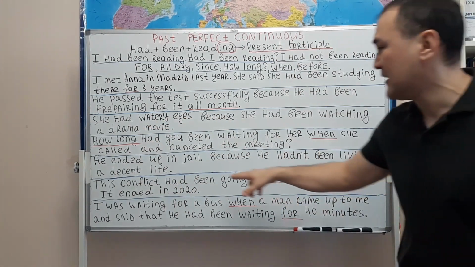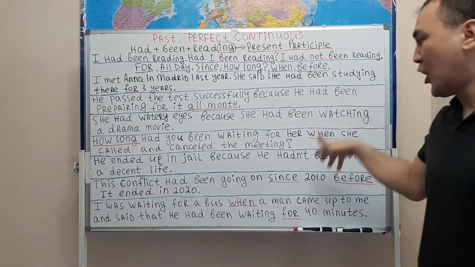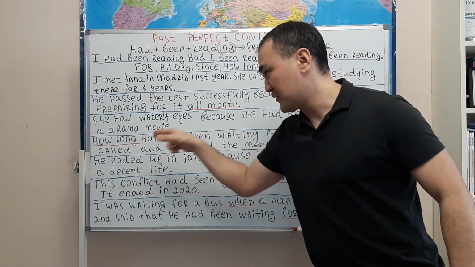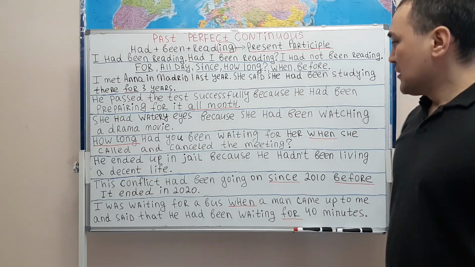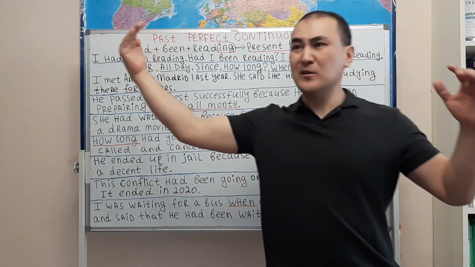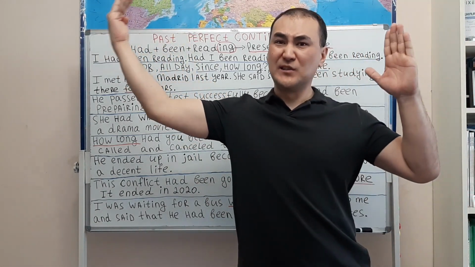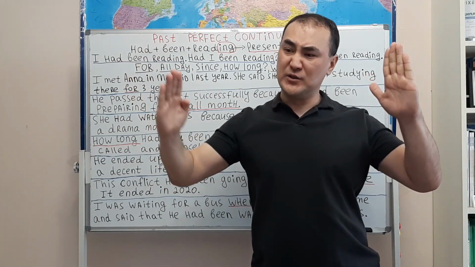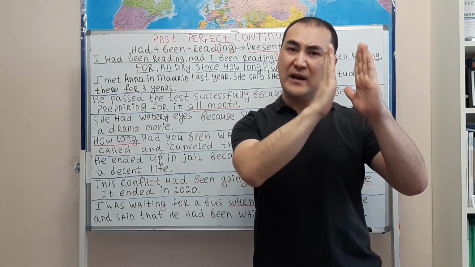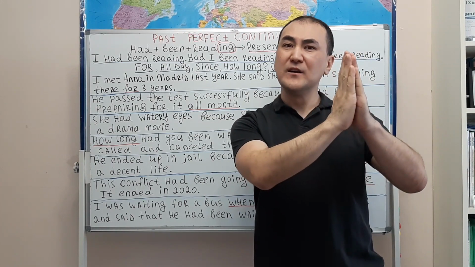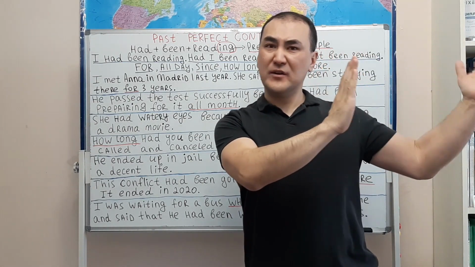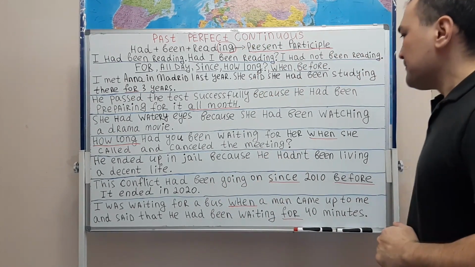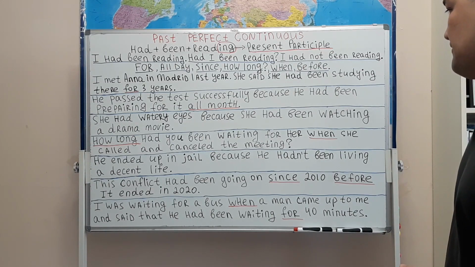And he hadn't been living a decent life, that's the cause and the reason for this result. Okay, so it means that he started living an indecent life sometime in the past, and he continued doing that, and stopped when he ended up in jail. All right.